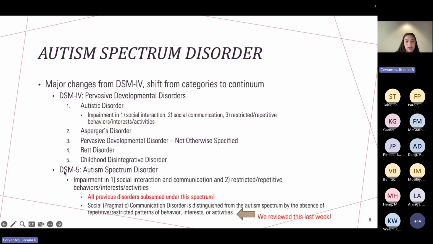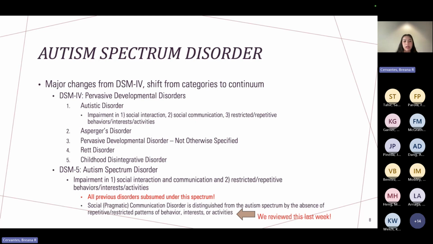So this part down here on the last bullet, impairment in social interaction and communication and restricted repetitive behaviors, interests, or activities. Both of those must be met in order to get a diagnosis of autism. Of course, we have other criteria like must not be social communication disorder, needs to be impairing. So remember all the things that would warrant a diagnosis to begin with: impairing, developmentally inappropriate, what have you.